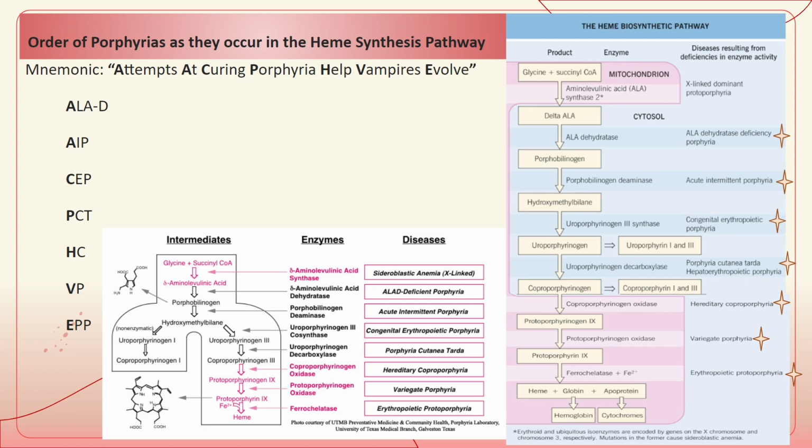So: attempts at curing porphyria help vampires evolve. If you didn't already know, vampires are thought to be linked to early encounters with porphyria, so that's kind of where the legend comes from. Attempts: A, ALAD; at: AIP; curing: CEP; porphyria: PCT; help: HC, or hereditary coproporphyria; vampires: VP; evolve: E for EPP.